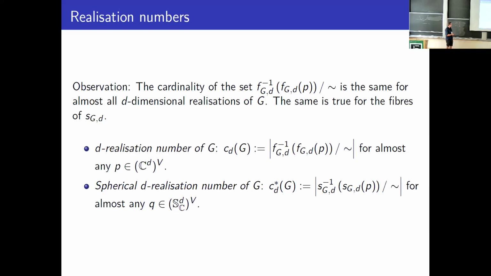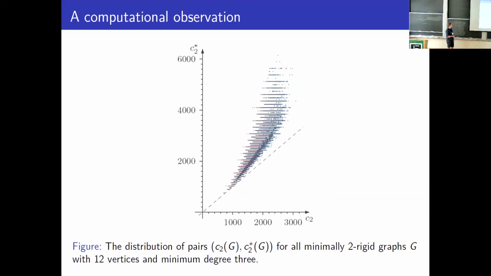Okay, so when computing them, we notice this. This is for the minimally 2-rigid graphs with 12 vertices and minimum degree 3. The minimum degree 3 is just because if you have a minimum degree 2, that just doubles the number of spherical and the number of real, the normal ones, so it doesn't really matter.